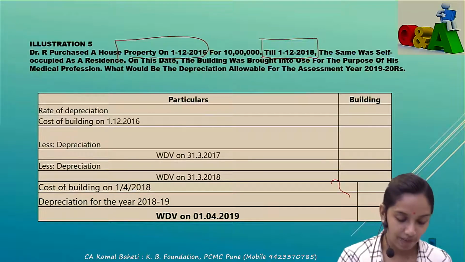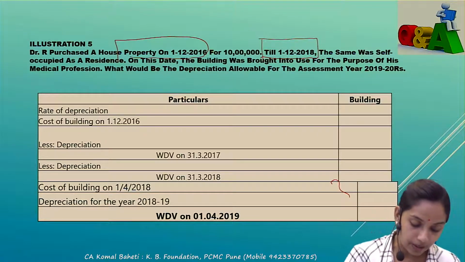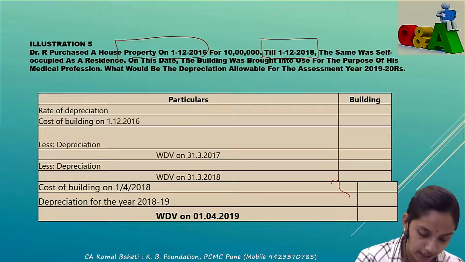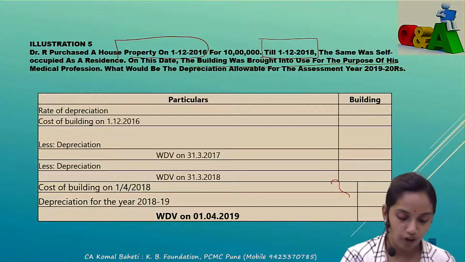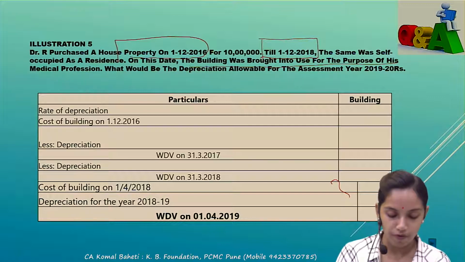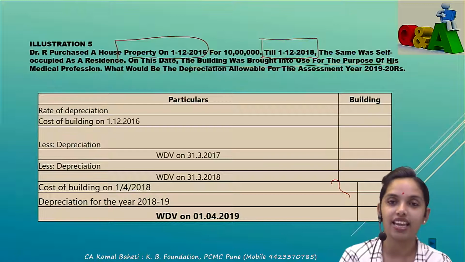Till that time, it was used for residence. What would be the depreciation allowable for assessment year 19-20? Means for previous year 18-19.